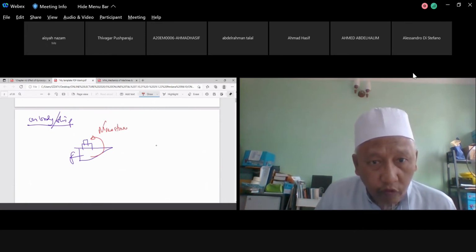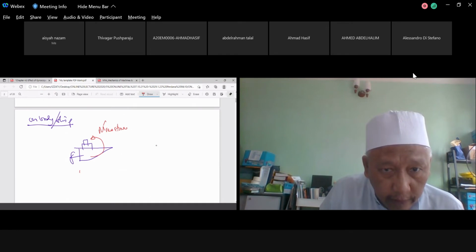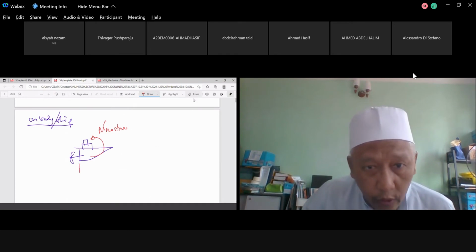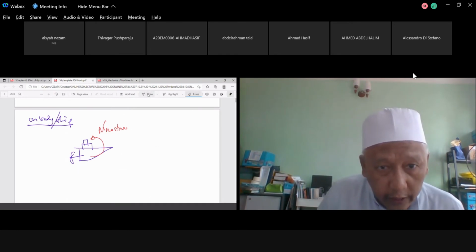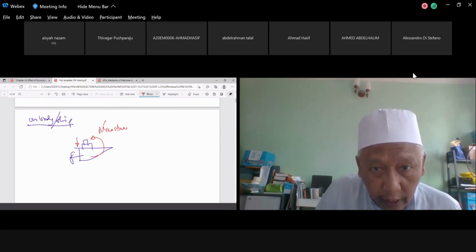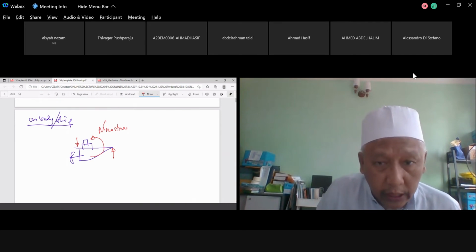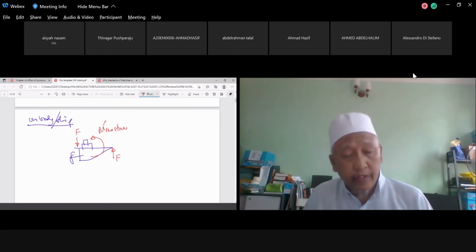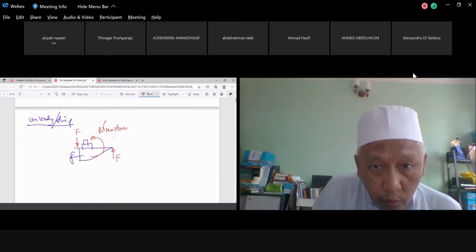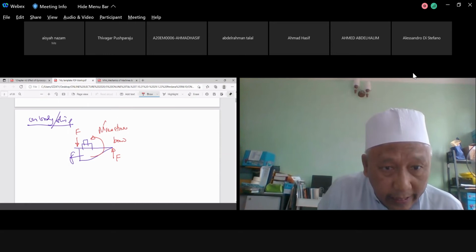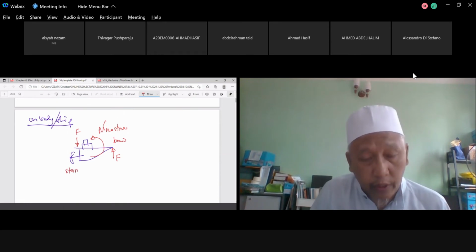So you found that there must be one force acting downward to comply with the directional rotation, and one force acting upward. This one be pointing upward, this one be pointing down, and put it there, also F. So the bow will be pointing upward, so the stern will be pointing downward, or perhaps deep.